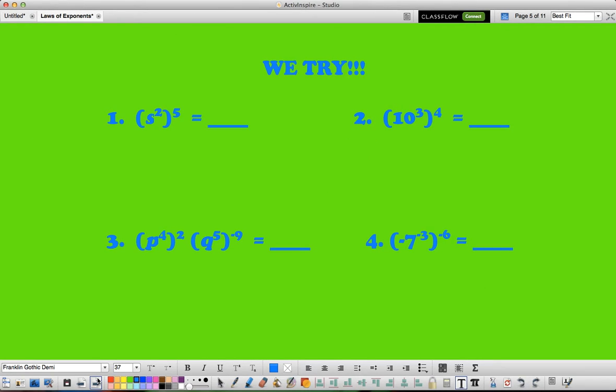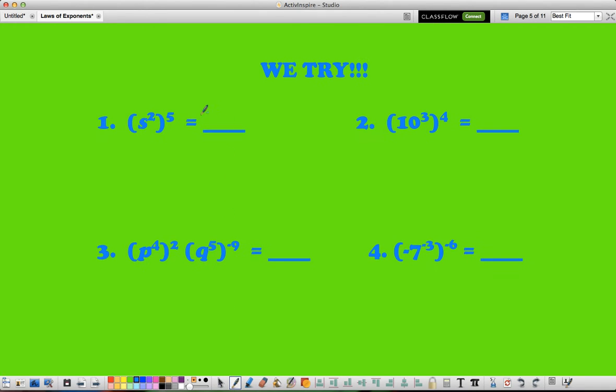All right, so let's try a couple of these. So we have s squared to the 5th power. So I know that this means s squared times s squared times s squared times s squared times s squared, which is equal to s to the 10th power.